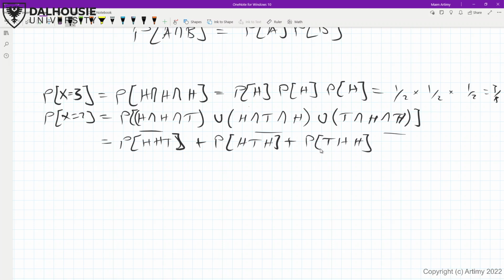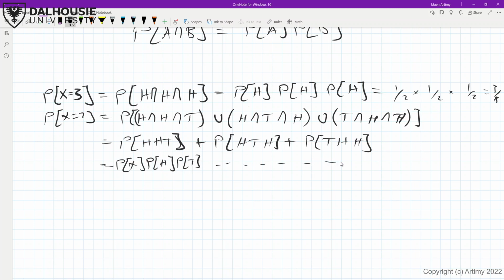Remember, if they're not disjoint, we have to subtract the intersections between them, and the formula gets a little bit longer. For each one of these, as we did before, this is the probability of head multiplied by the probability of head multiplied by the probability of tail.